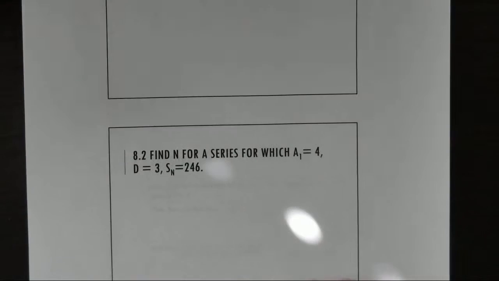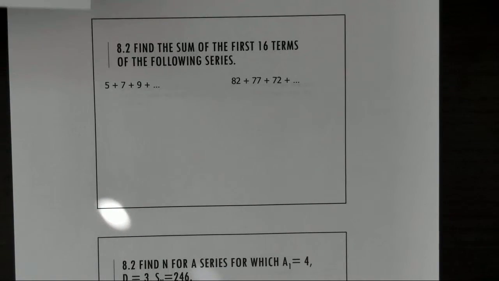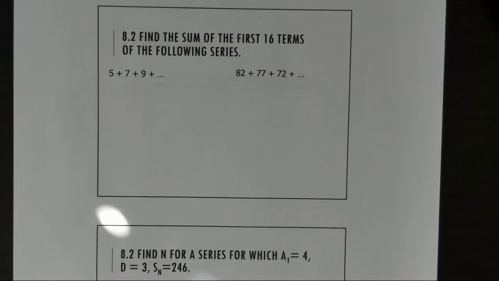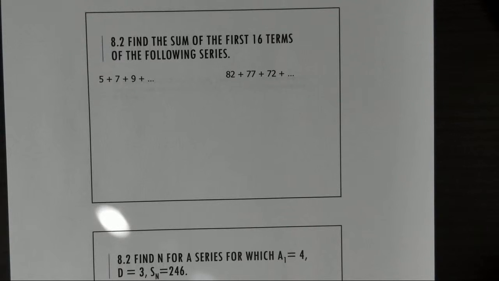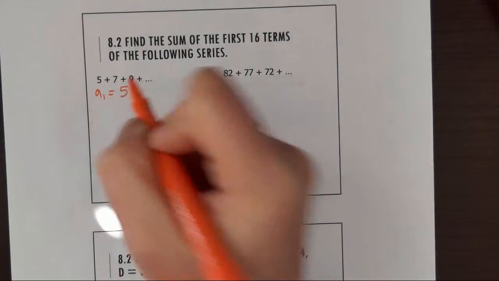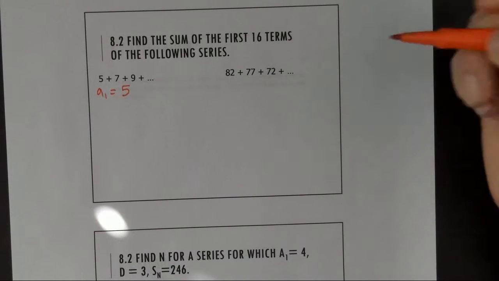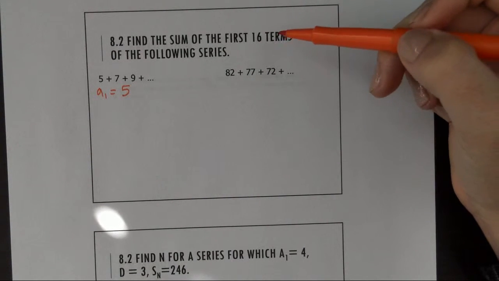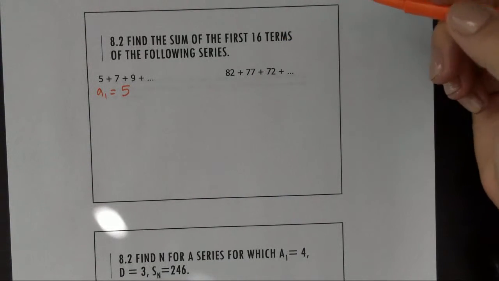Okay, so let's do a few examples. Finding the sum of the first 16 terms of the following series. For this one, we know our first term is 5. But unfortunately, we don't know what our last term is. We don't know our 16th term. So we have to find that.